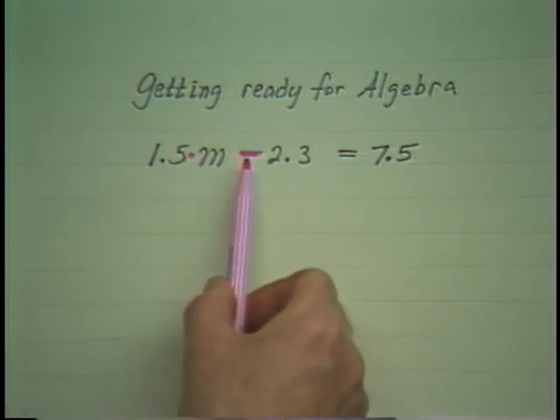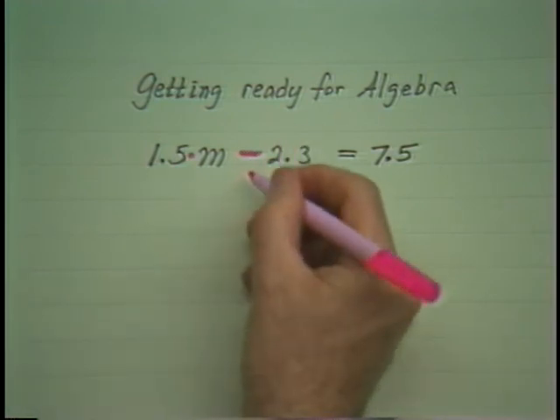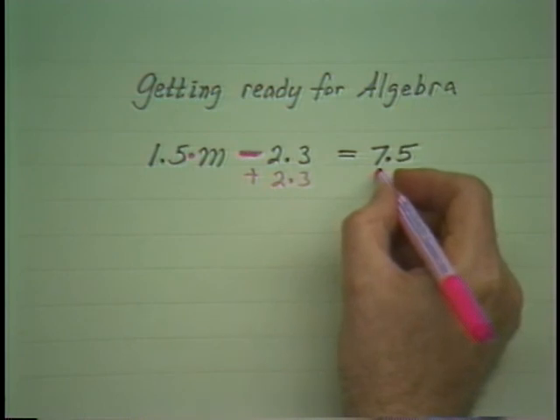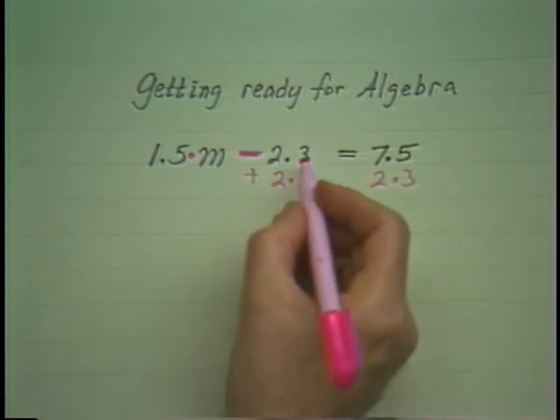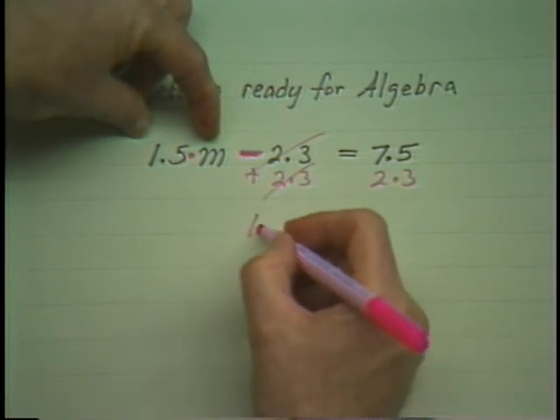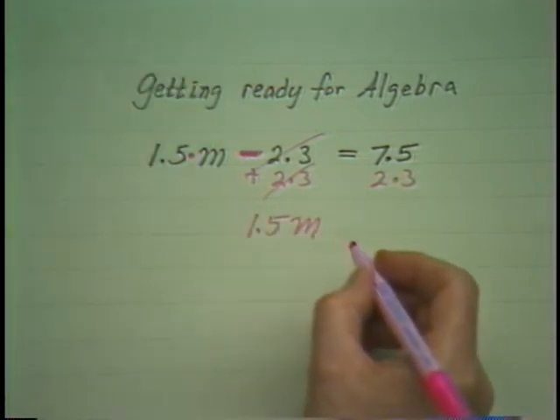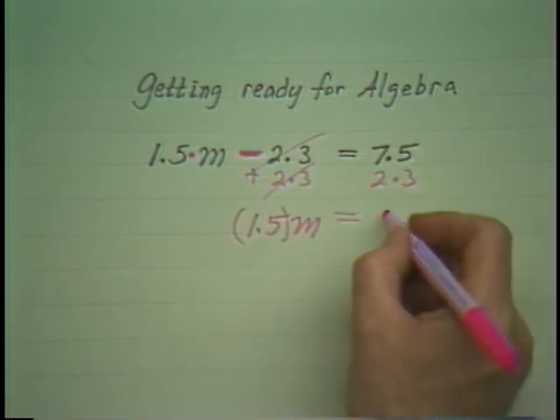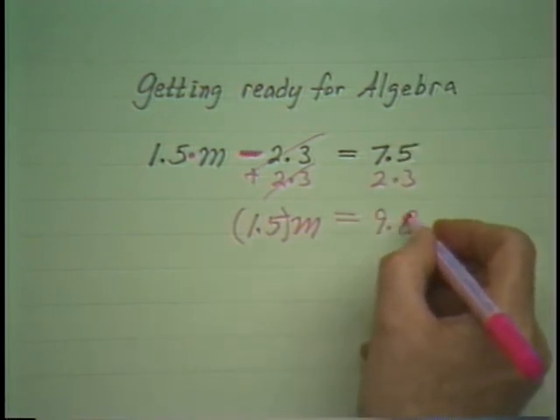So in this case, to undo subtraction, we add to both sides, and of course adding undoes this, putting us down to just the multiplication now times the variable. And of course the number over here has become 9.8.